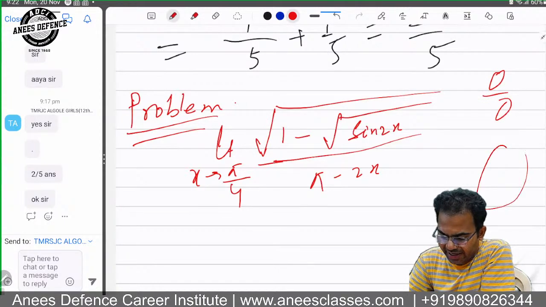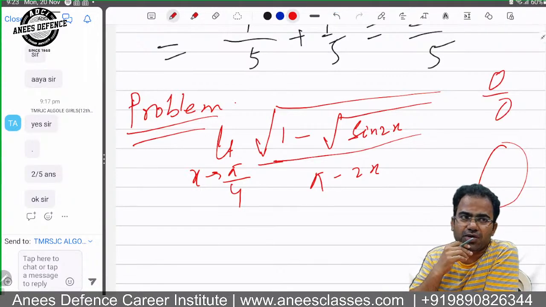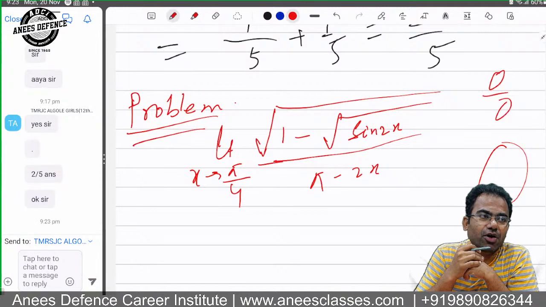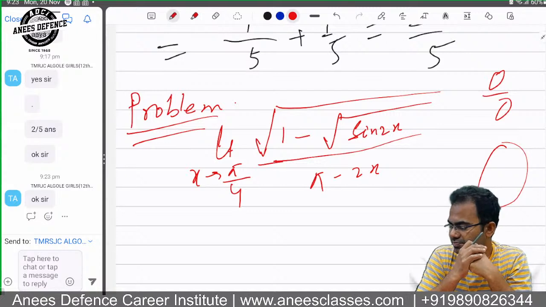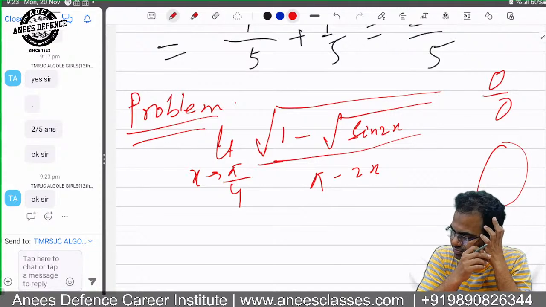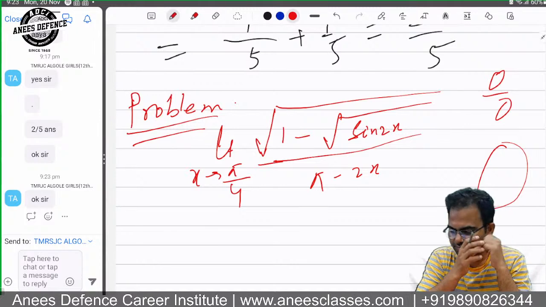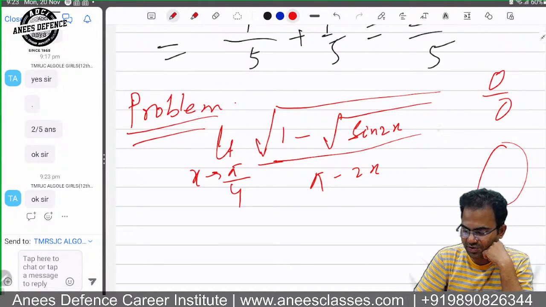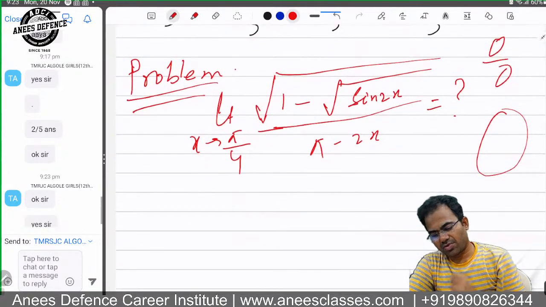Tomorrow we will do all the forms. Solve this question. What is the solution of this question? I am giving you 2 minutes only.